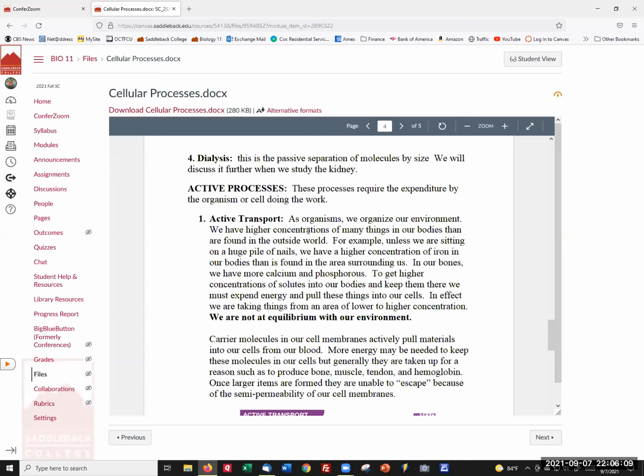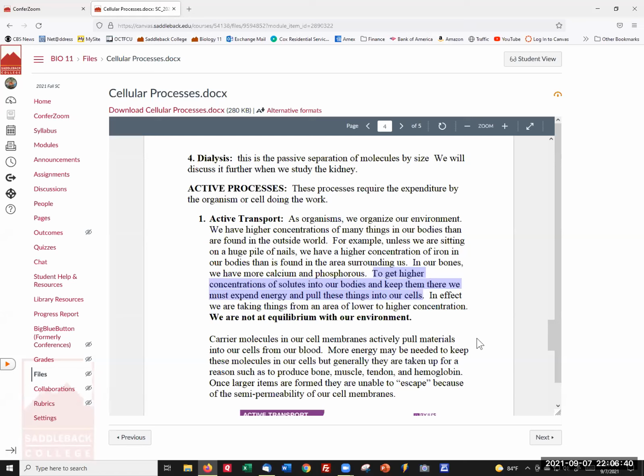Okay. So, active transport. We organize our environment. We have a higher concentration of many things in our body that are found in the outside world. And there's two examples that I just gave you. To get higher concentrations of solids into our body and keep them there, we must expend energy to pull these things into our cells.